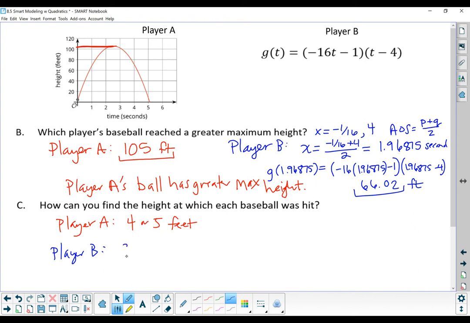So g of 0 is equal to negative 16 times 0 minus 1 times 0 minus 4, and that gives us 4 feet. So they were hit from approximately the same height, around 4 feet. It's really impossible on that graph to get any closer estimate.